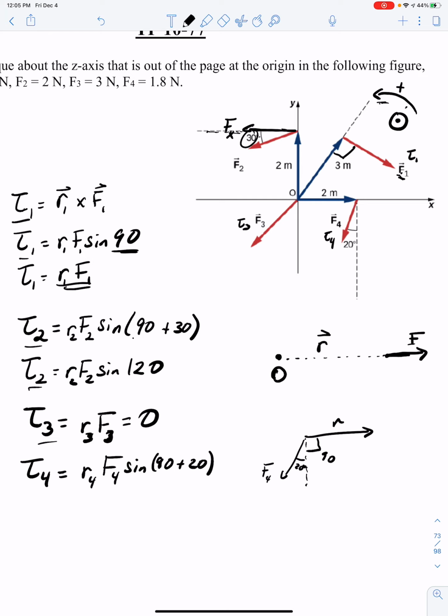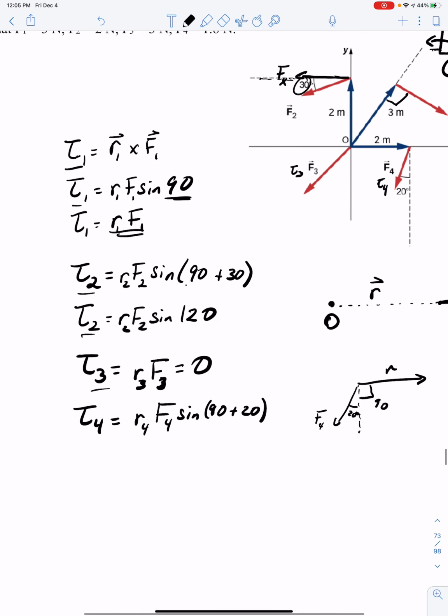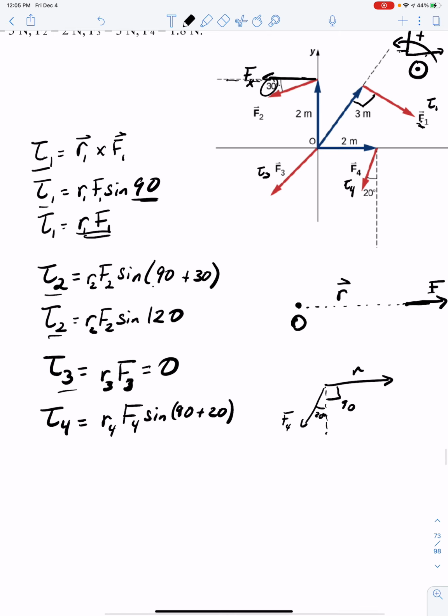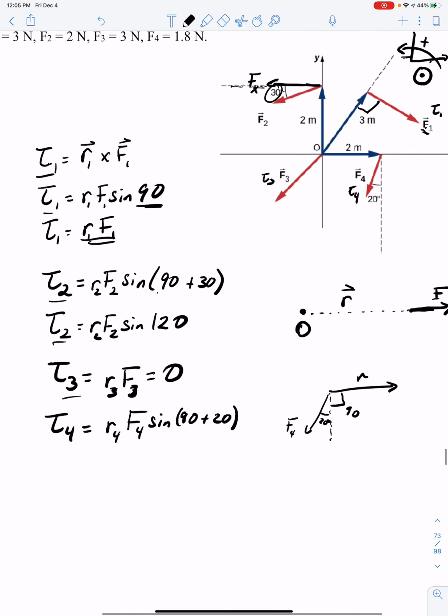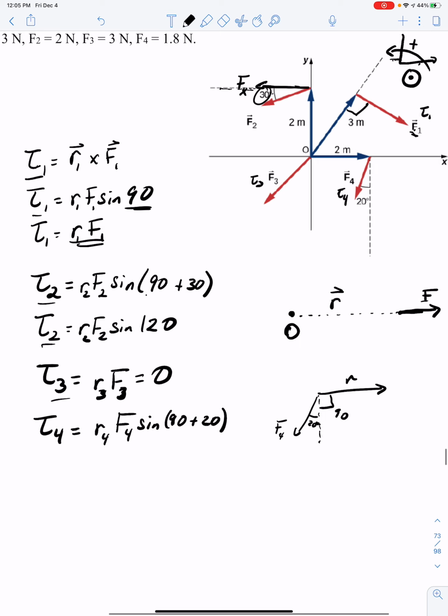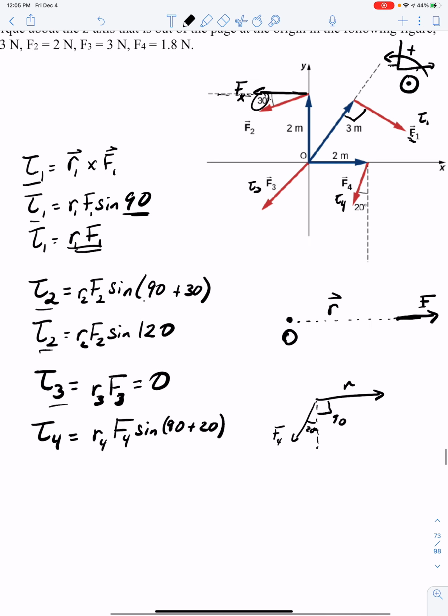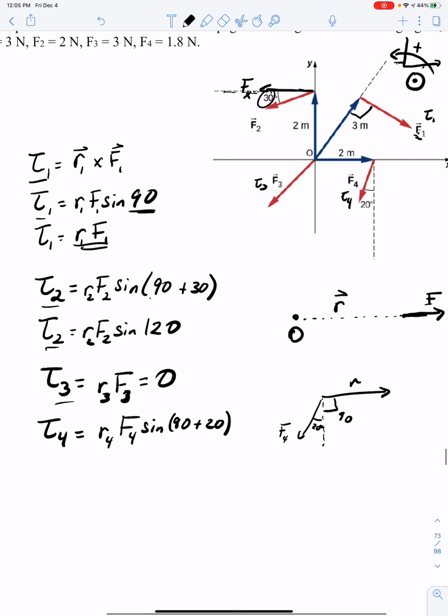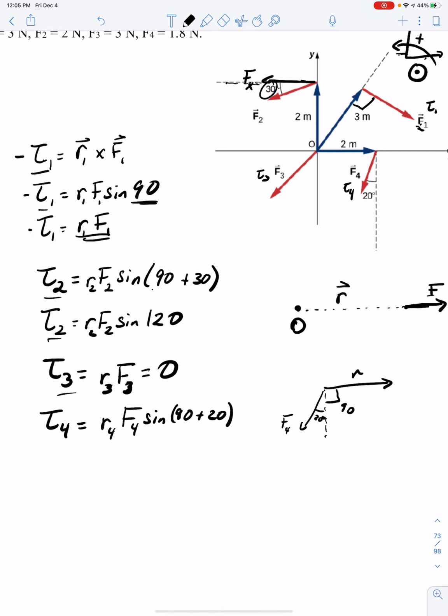Because it is positive counterclockwise, we have to identify all the torques that are positive and negative. For torque 1, it is going against the counterclockwise motion, so torque 1 is negative.